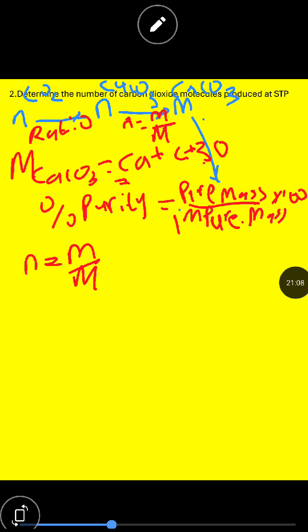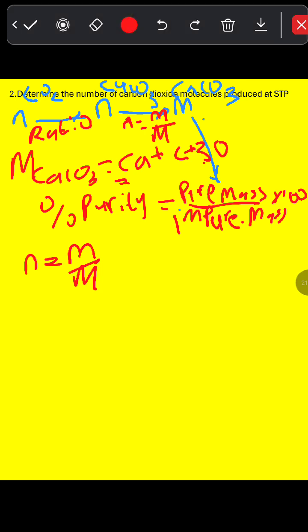If you check in the periodic table, the molar mass of calcium is 40, of carbon is 12, then of oxygen is 16, but that 16 must be multiplied by 3.